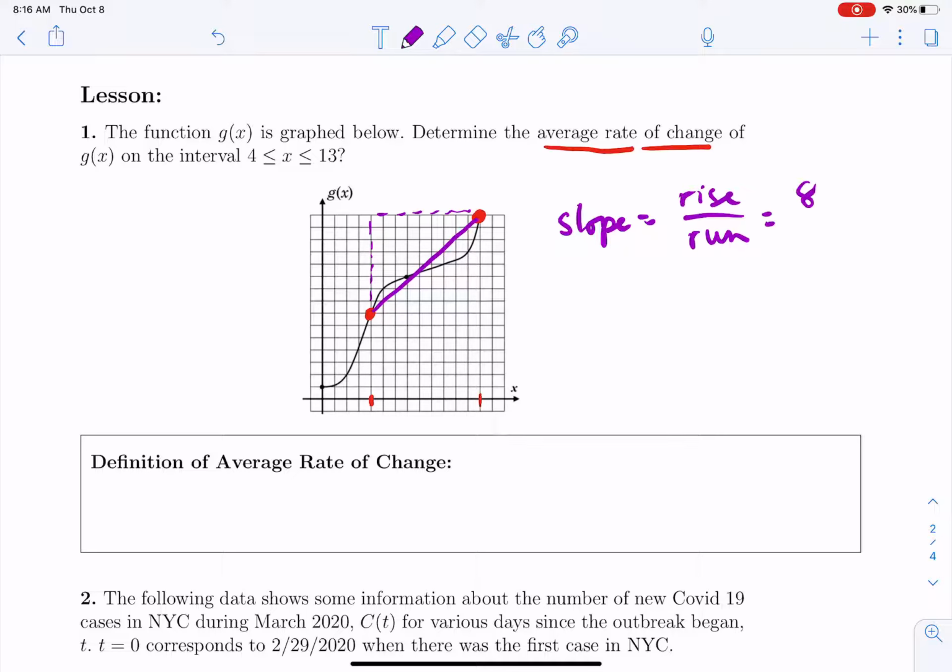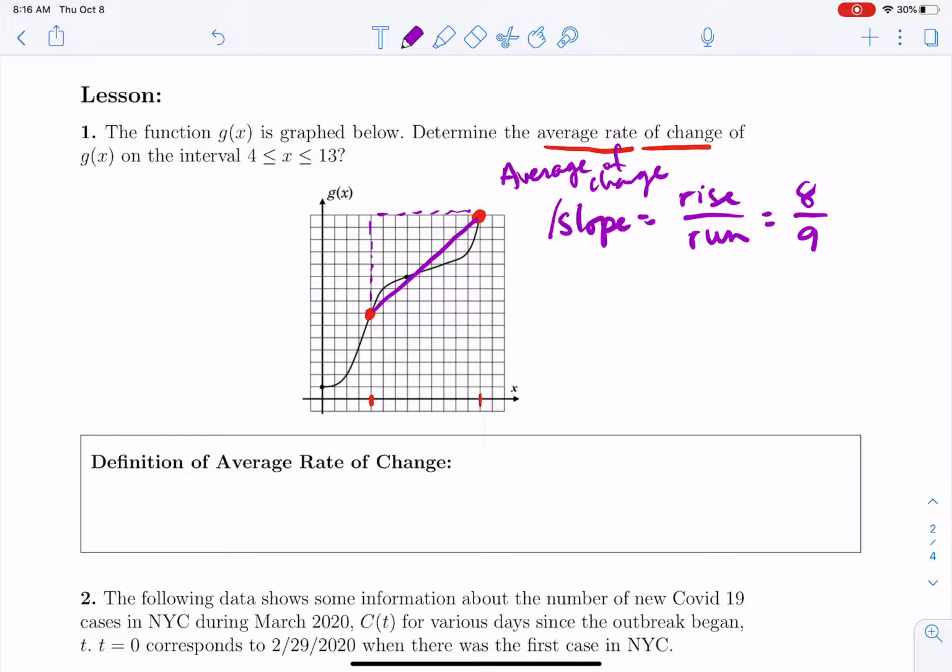So my rise is 8. My run is between 4 and 13. So that's 6 and 3, which is 9. So 8 over 9 would be my slope. Now, remember, here we're not talking really about the slope, but we're talking about the average rate of change. But they're calculated in the same way.